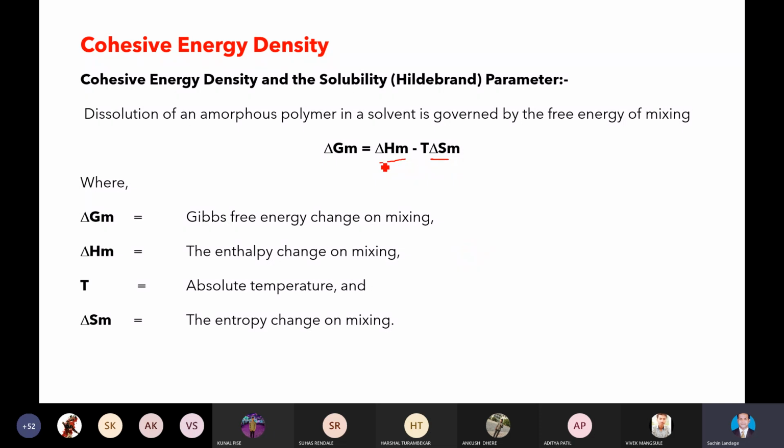You have to write down this equation: delta Gm equals delta Hm minus T delta Sm.